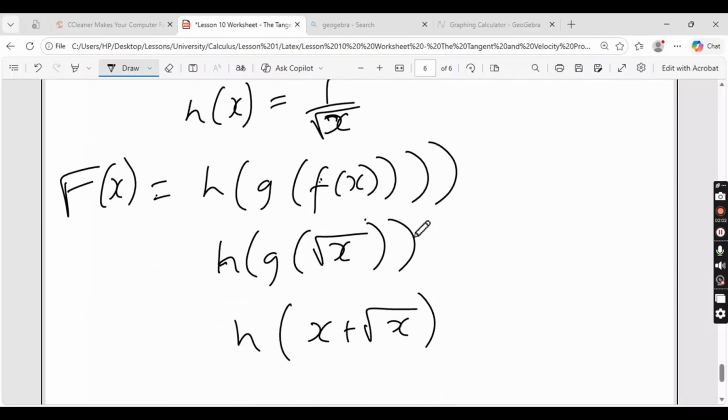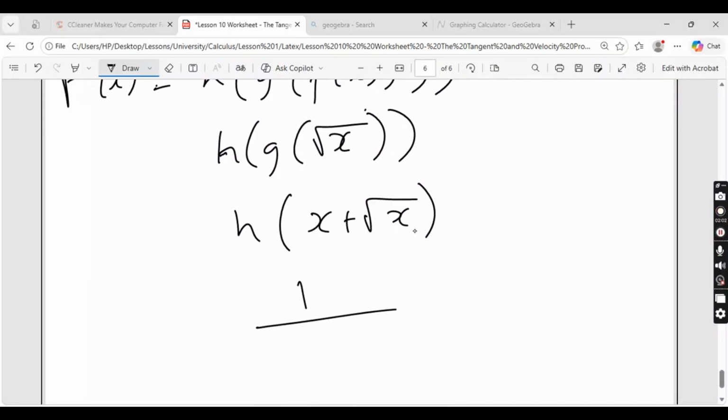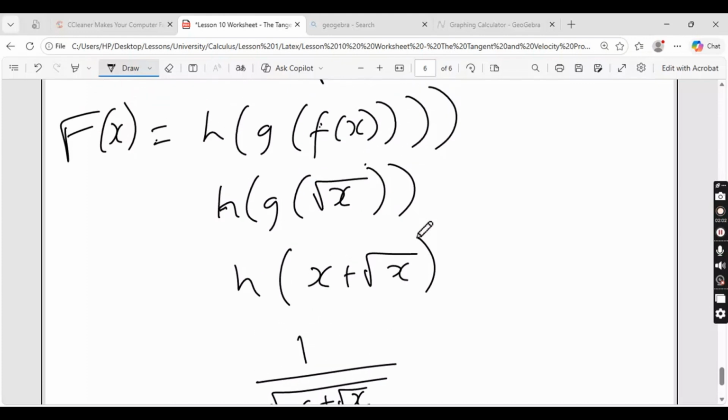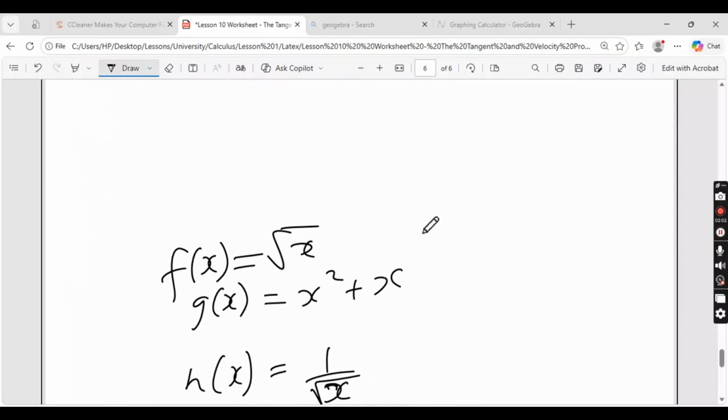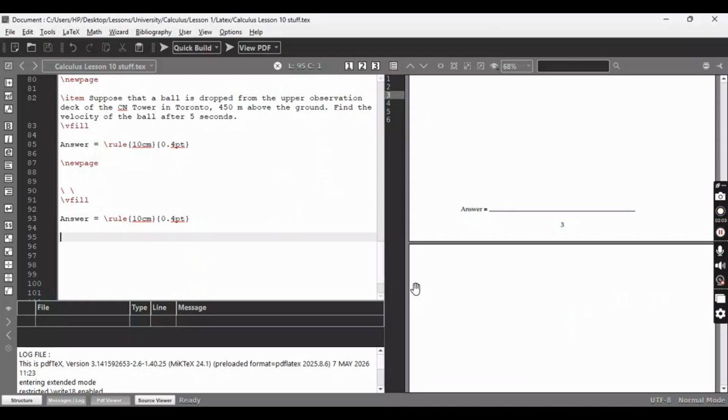Then it gives us 1 over. Okay. Nice, nice, nice. Let's see if there's any other interesting one.